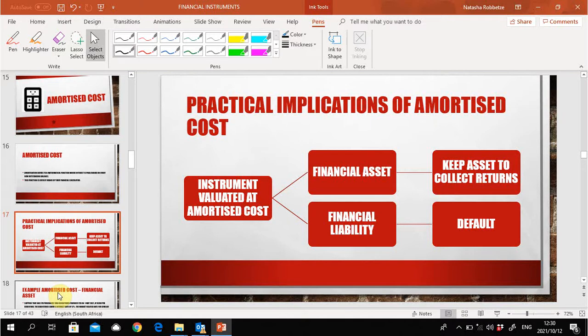For a financial asset, amortized cost can be applied if the asset is kept to collect returns, right? So what do I mean by returns? It means that you buy the share of another company or you buy the debenture or the bond of another company, and your main goal is to collect a dividend, to collect interest, or alternatively just to wait for growth, right?